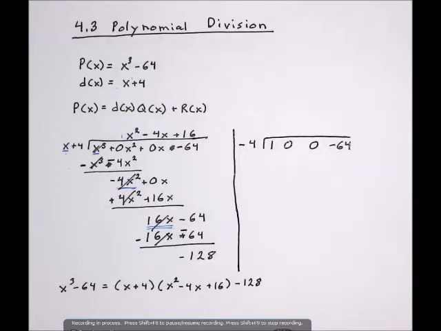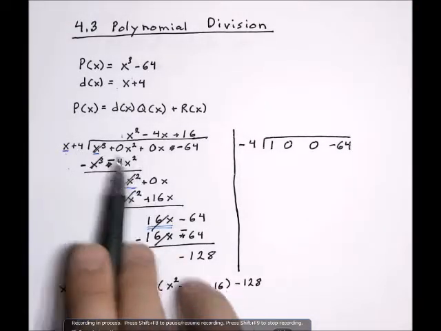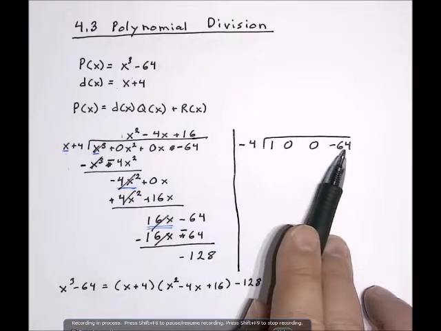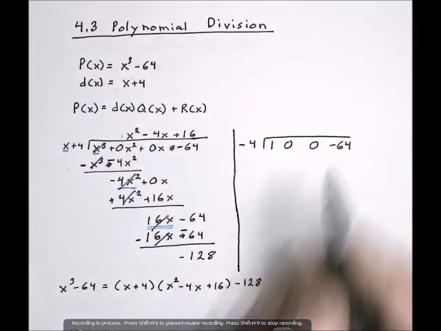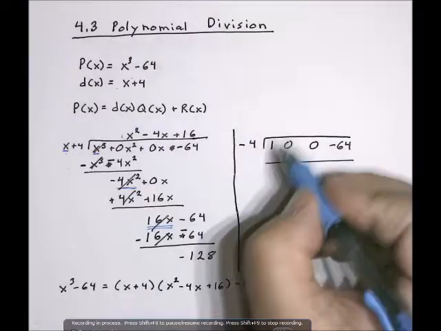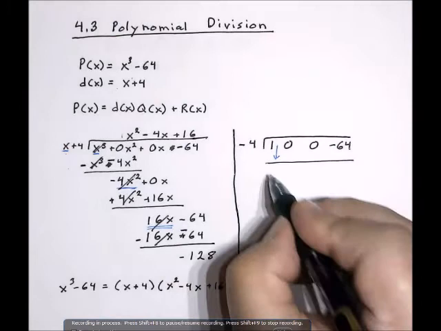And what you'll note is I changed the sign on this 4, and I just took the coefficients of all of my terms. Again, remembering to put in the zeros. So now I'm going to bring my first term straight down. First term always comes straight down.